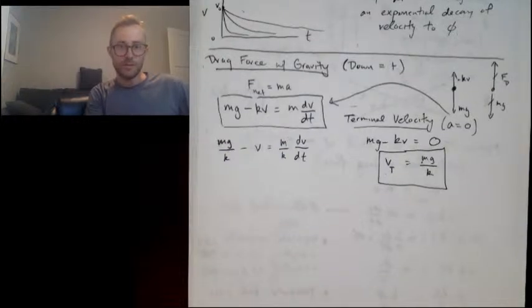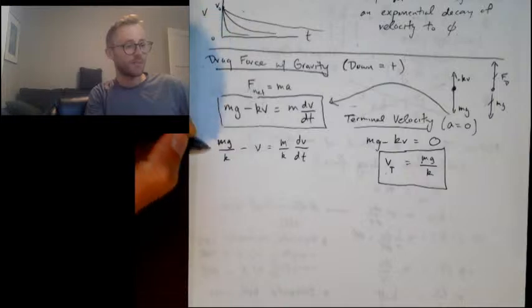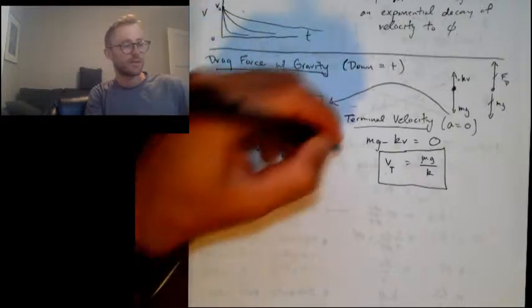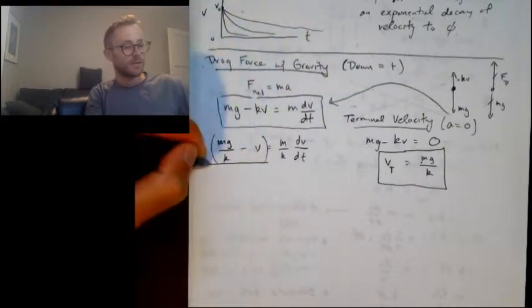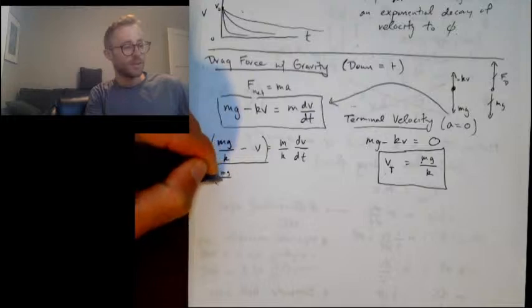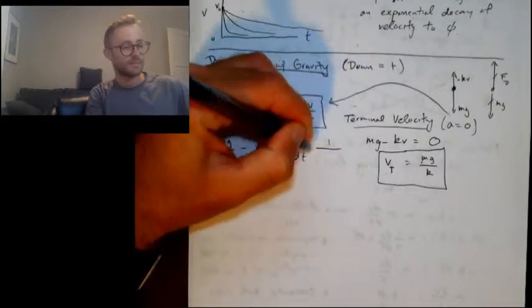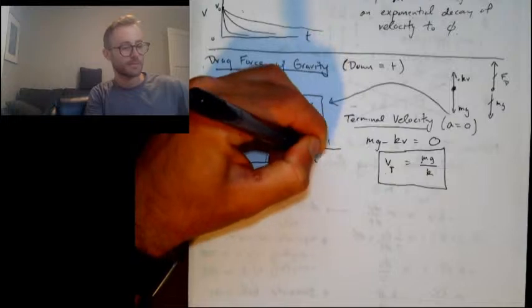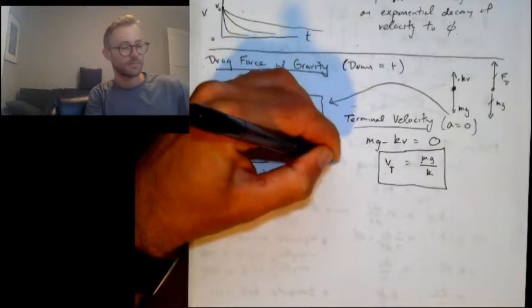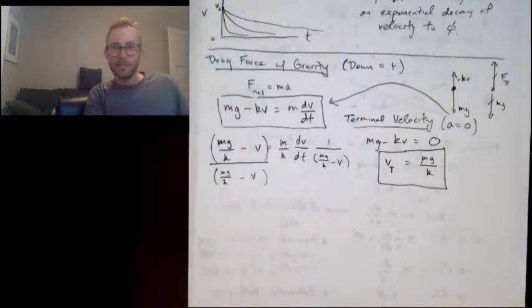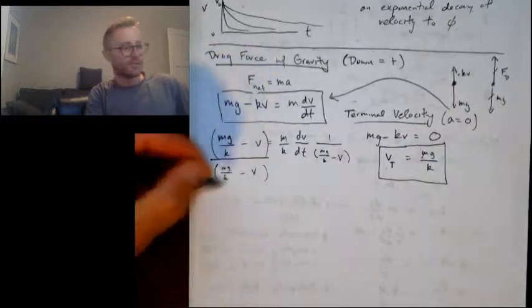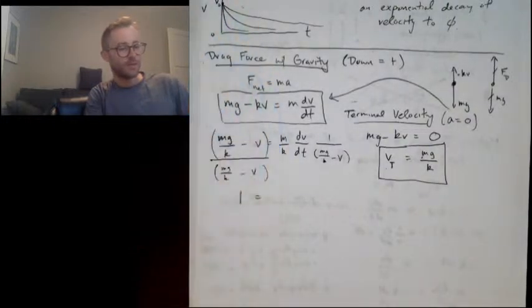And so to separate variables, I'm going to divide both sides by mg over k minus v. All right? And so this cancels out, and I just get 1 on the left-hand side.